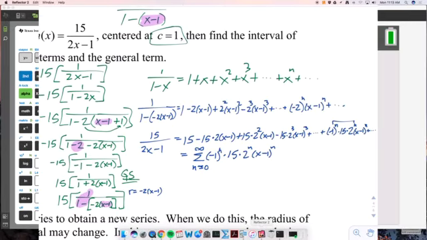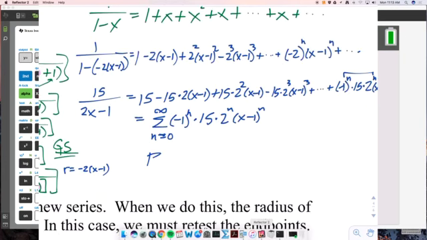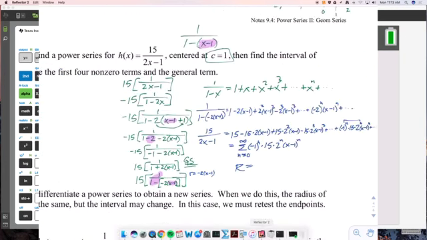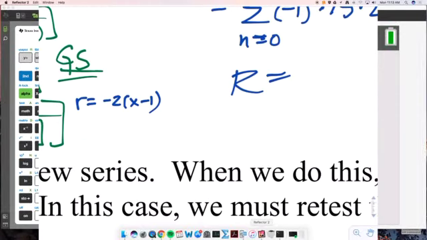So if we wanted to, we could do the same thing. We could sketch the graph of 15 over 2x minus 1 and y1, and then we can generate more and more terms of this right here, and it'll get closer and closer to the actual function on what interval. What is the interval of convergence? The radius of convergence is, well, we haven't done that yet. Let's do that.